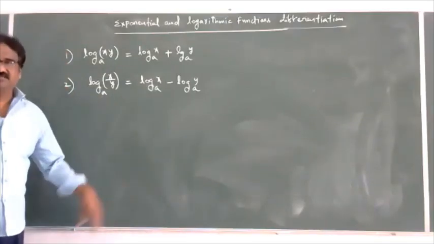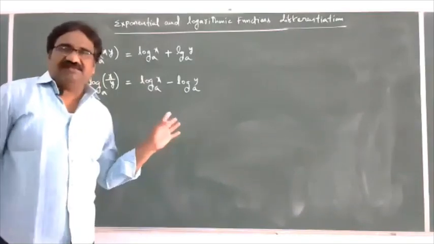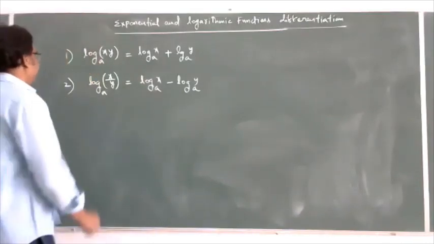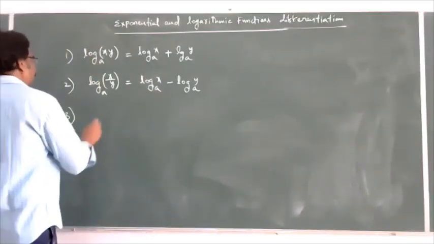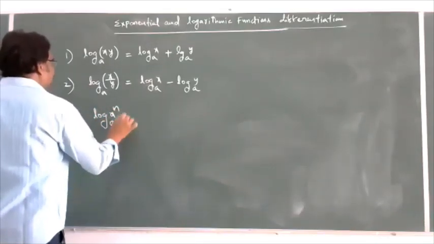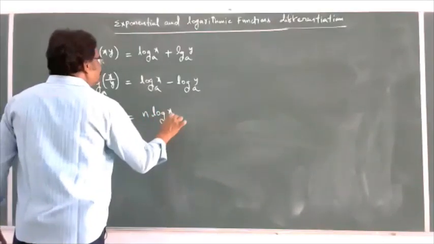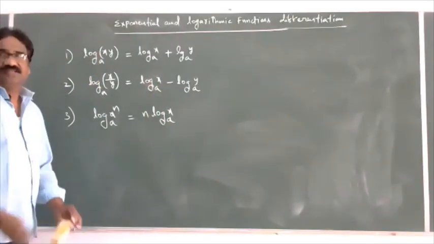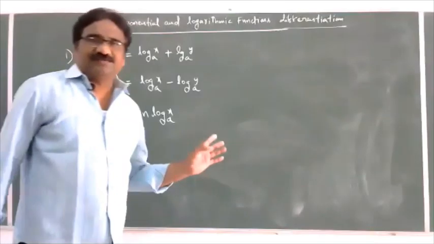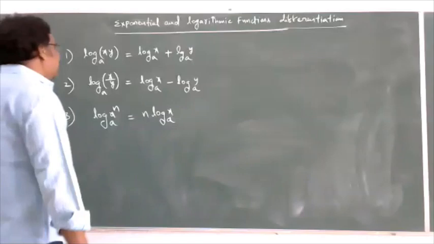Logarithm of x by y to the base a is equal to log x to the base a minus log y to the base a. Logarithm of x power n to the base a is equal to n into log x to the base a.